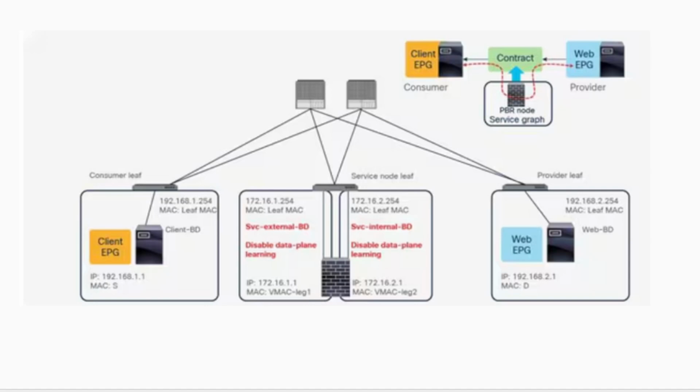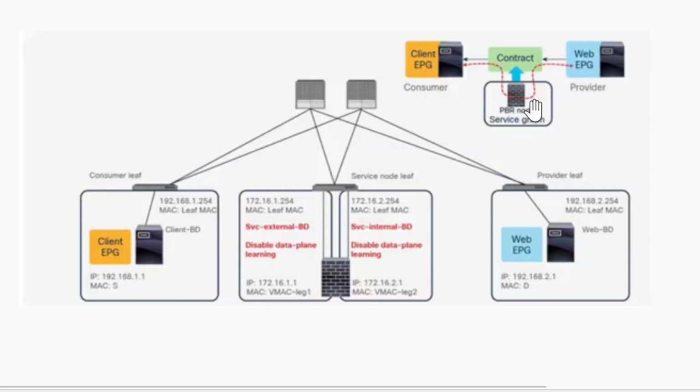Let's break it down. Key components here: logical configuration, top right, showing you the Client EPG, which is the consumer, represents the group of clients or endpoints initiating traffic. Web EPG represents the group of web servers or applications hosting services. And then the contract.